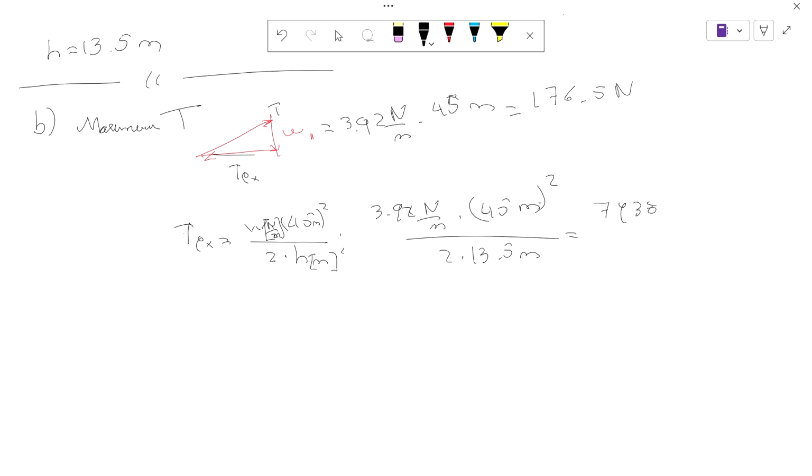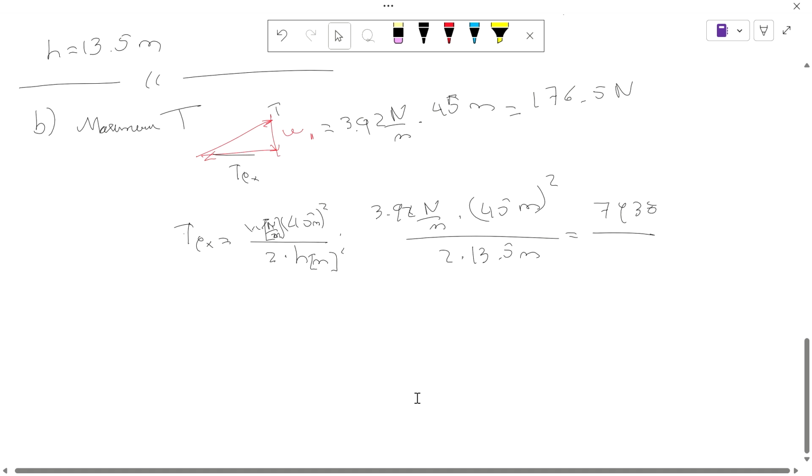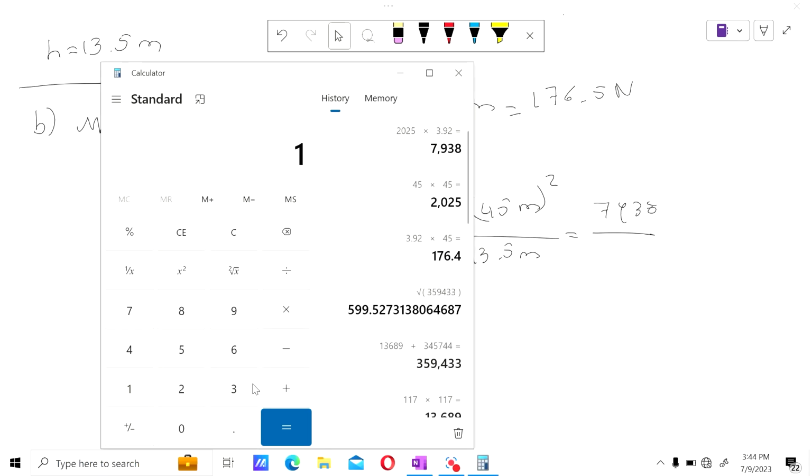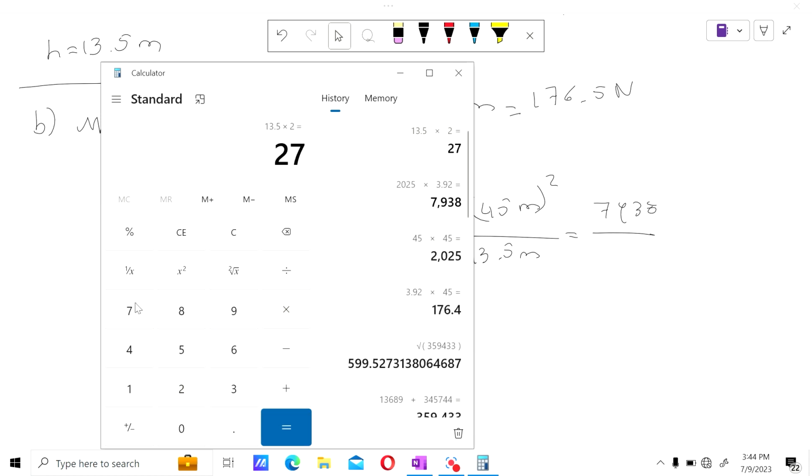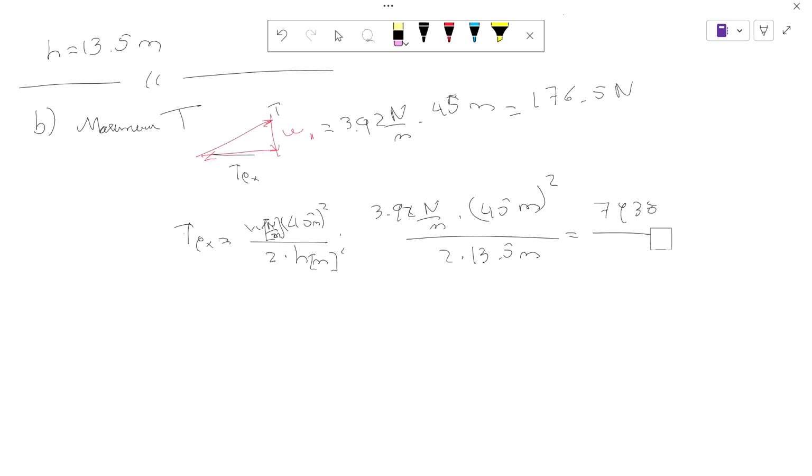And that has units of Newton meter. 13.5 times 2 equals 27. So 7,938 divided by 27 is 294 newtons. So we have this one and this one.